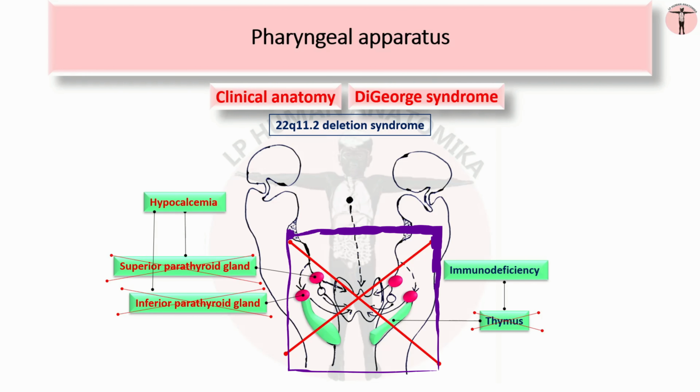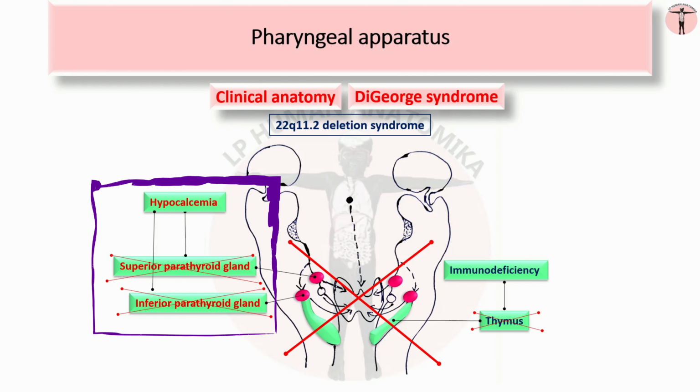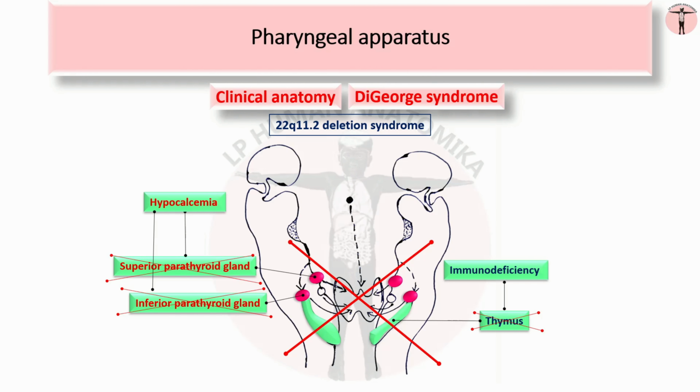This results in the failure of pharyngeal pouches 3 and 4 to differentiate into the thymus and parathyroid glands. Absence of thymus leads to immunodeficiency and absence of parathyroid leads to hypocalcemia.